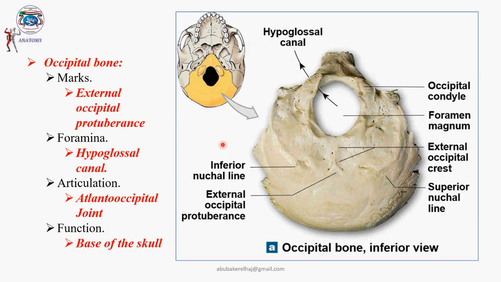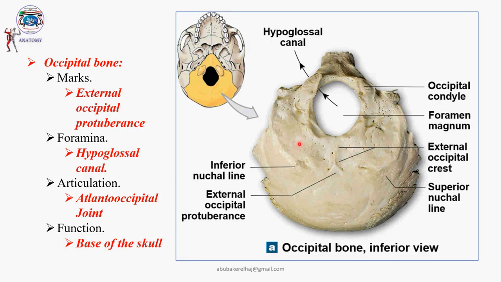Let's start with the occipital protuberance, as I mentioned before in the occipital view, and also we have the superior and inferior nuchal lines, and these lines give attachment to the most superficial muscles on the back of the neck.